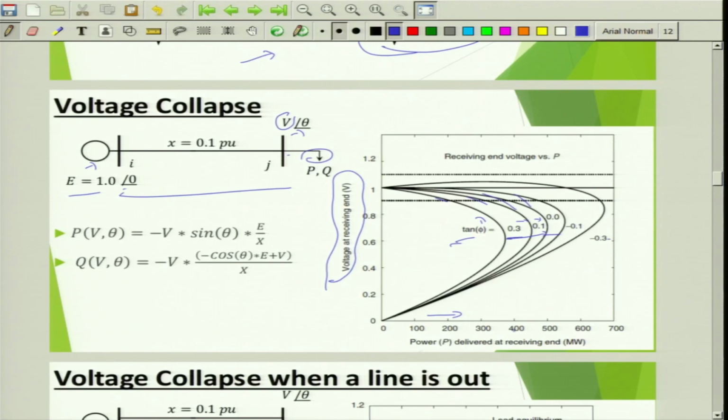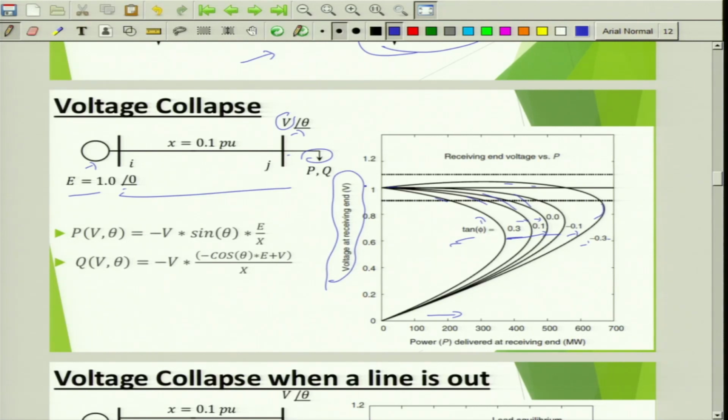But if there is a leading power factor, then what is happening? It appears that there is a small increase in the voltage because there is a leading reactive power component, but eventually after a certain point the voltage starts collapsing.